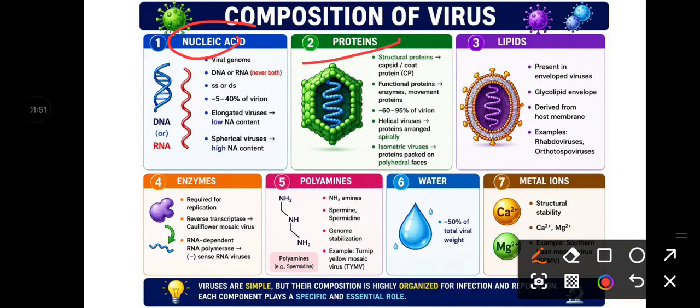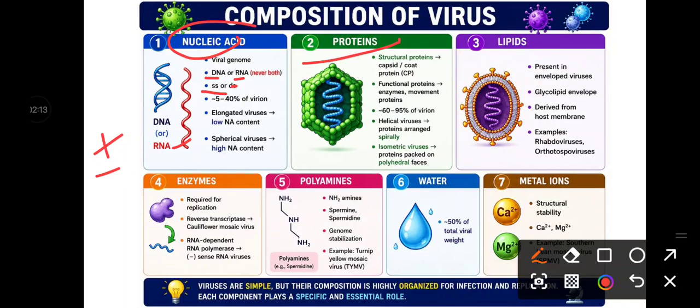The viral genome, that is the nucleic acid, is either DNA or RNA, but never both, and it is either in double stranded or single stranded form. And the RNA virus may show polarity, that is either positive or negative. This we have already discussed.